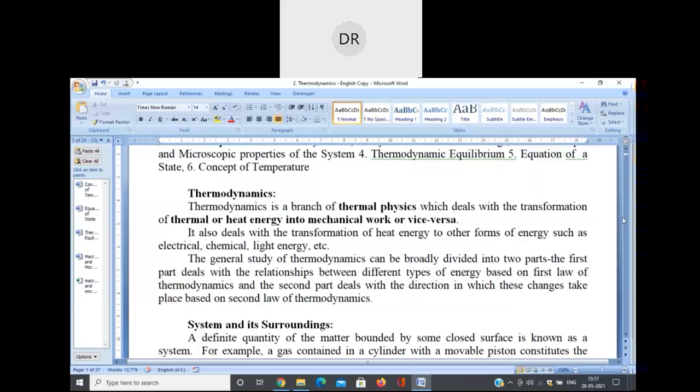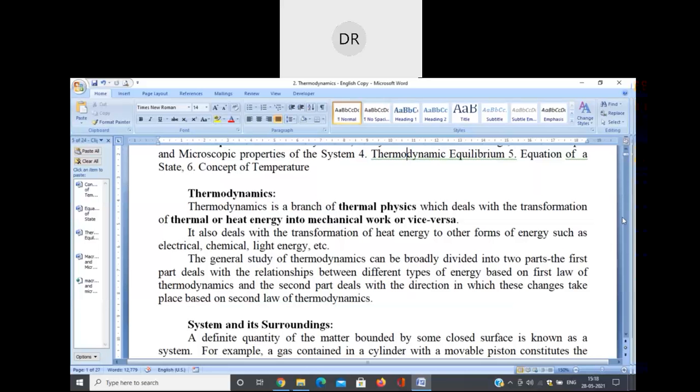And in thermodynamics we have laws: the first law of thermodynamics, the second law of thermodynamics. The first law relates to conservation of energy. The second law relates to flow of heat energy. These things will be clearly understood in the coming classes. So that is about thermodynamics.